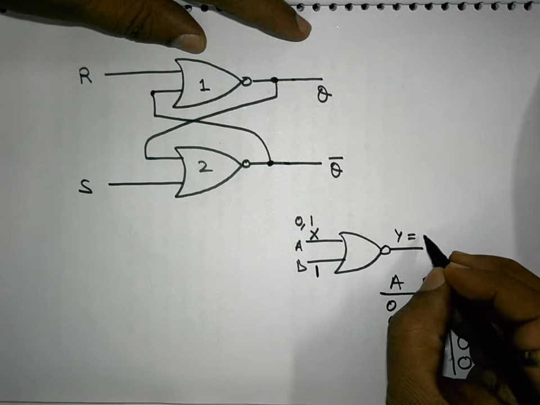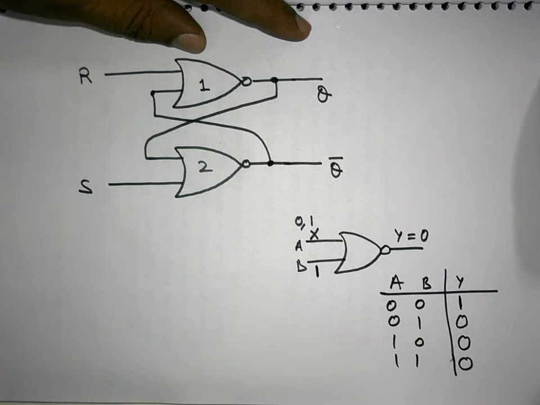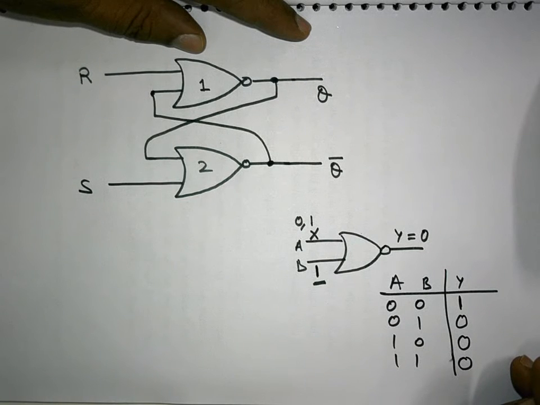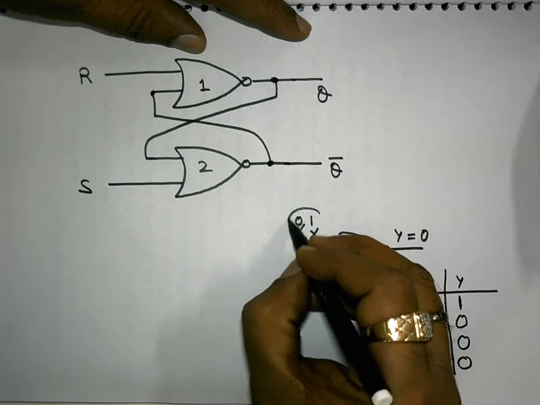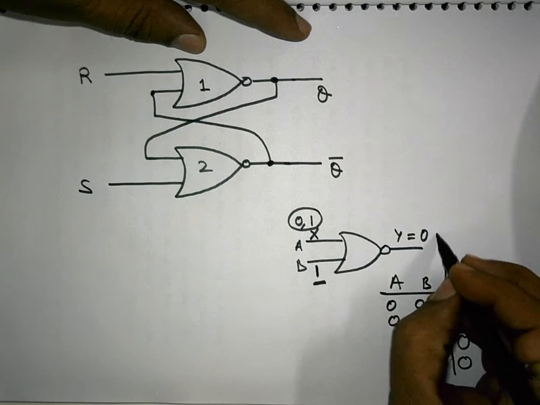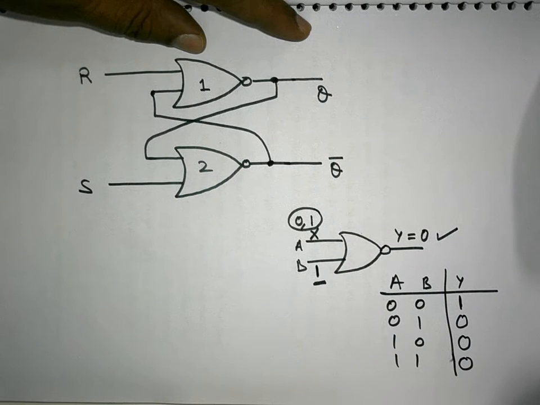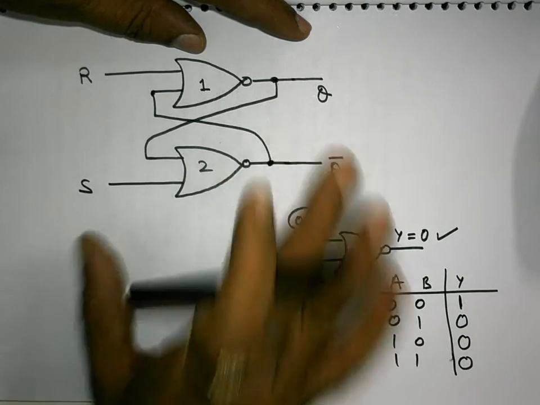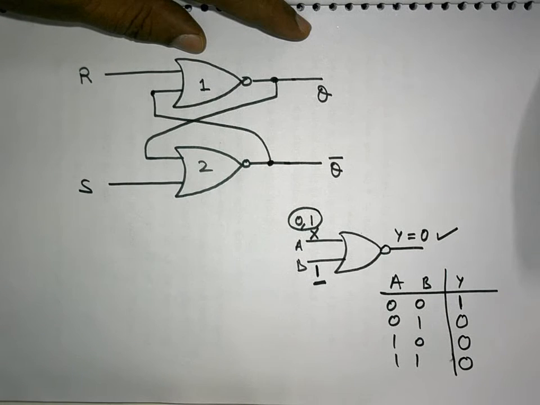This Y is always equal to 0. If one of the inputs is 1, then we are not needed to observe what the other input is. The output will always be equal to 0. And this beauty of the NOR gate is utilized while forming the input-output behavior of this latch.